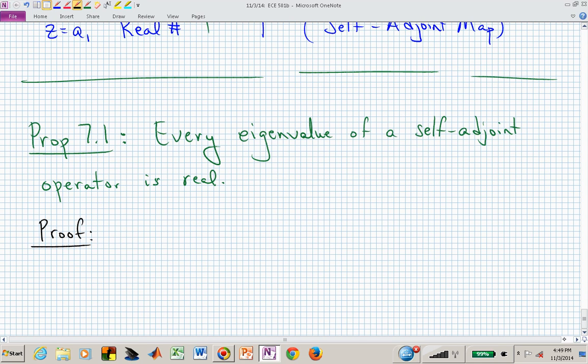Let's see if we can convince ourselves of that. We're saying that we have a linear operator on some vector space capital V, and that could be a complex vector space. But now we are saying that that linear operator is equal to its adjoint, if it's self-adjoint.